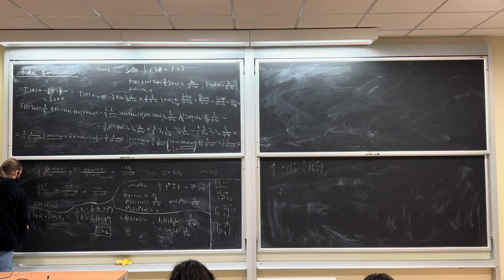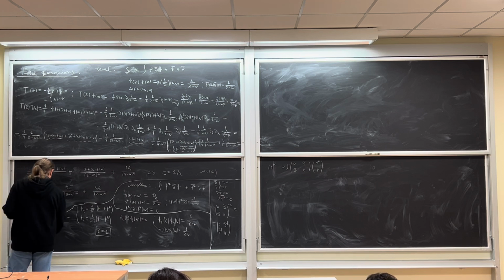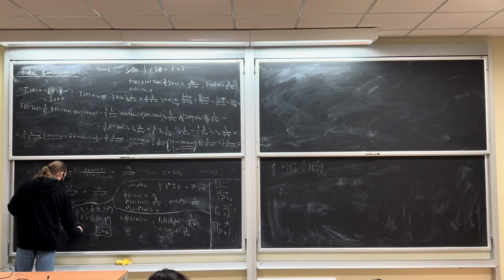So it's 1/4 (d psi plus d psi star)(psi plus psi star) minus (d psi minus d psi star)(psi minus psi star).